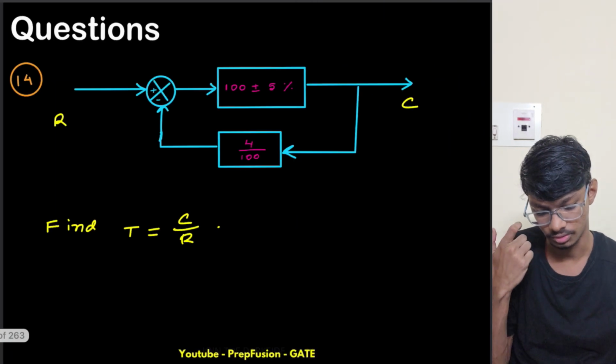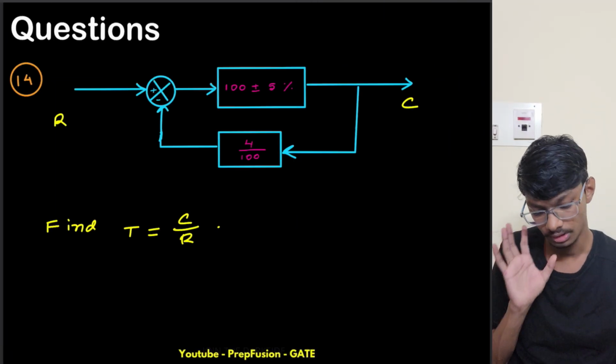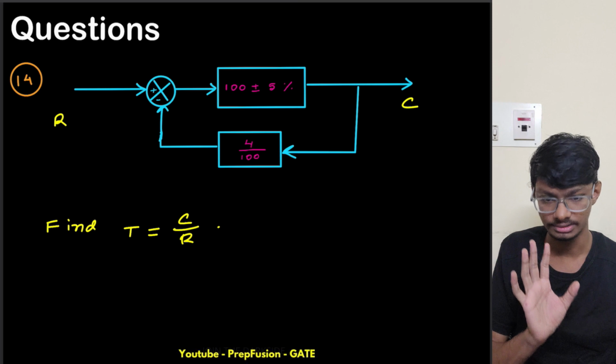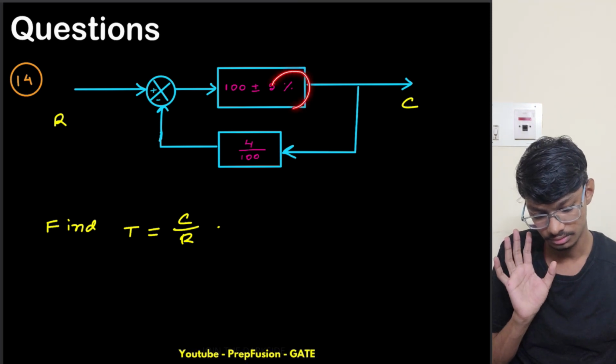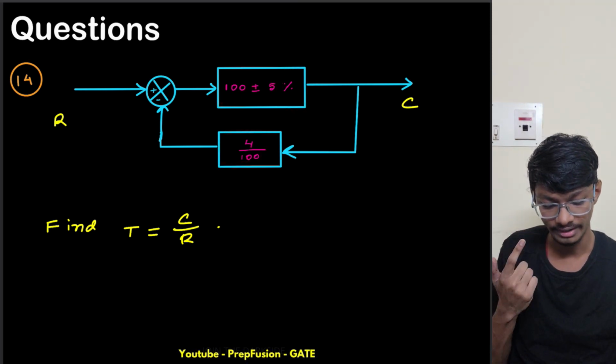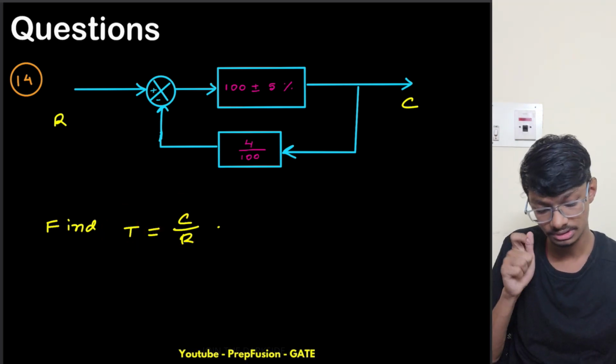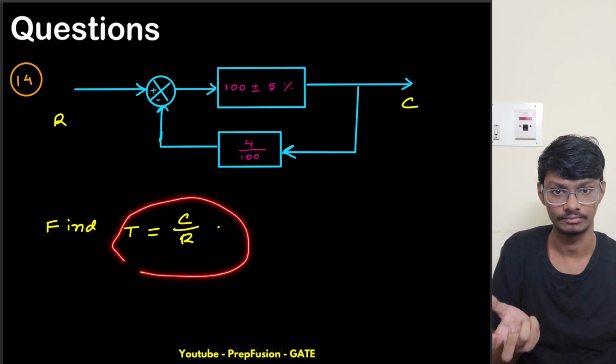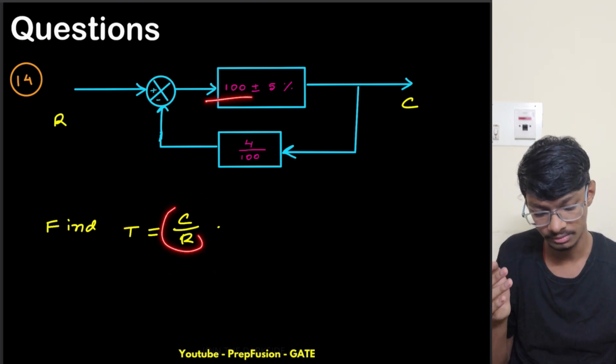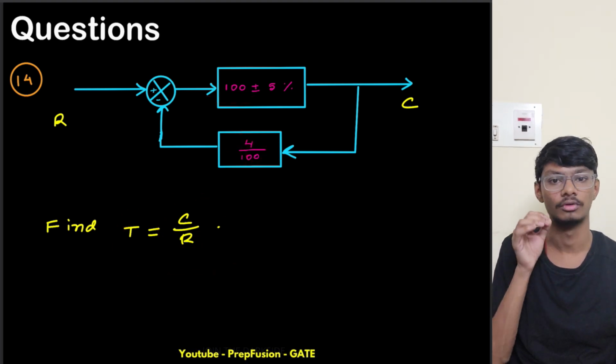Now let us solve another question. Here they have simply given all these percentages. We have to find the transfer function C by R. Also we have to find by how much this varies, because just finding C by R normally with this 100 and 4 by 100 will not cut it.